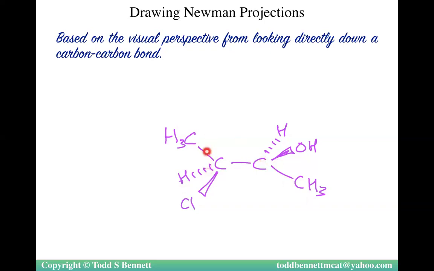Now, top view, the Fischer projection sort of scrunches it in, but the Newman projection is the one that looks from this perspective. My eyebrow will be there this time. And so if you look straight down this bond, you will not be able to see this. It's kind of like if you put your thumb in front of something, it'll block a small amount of whatever's in front of you.